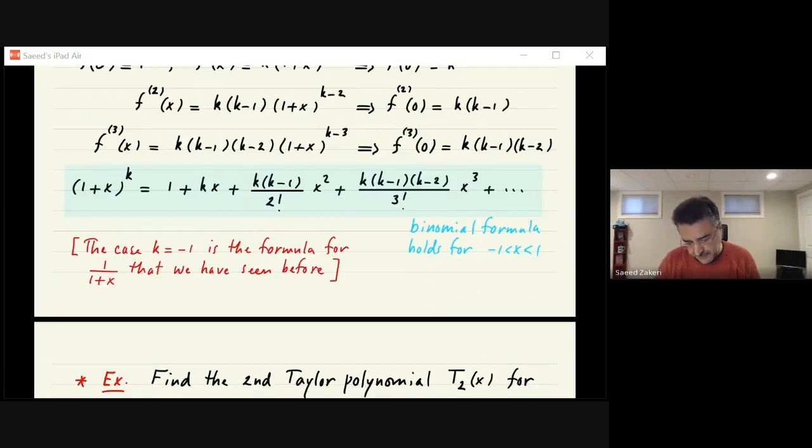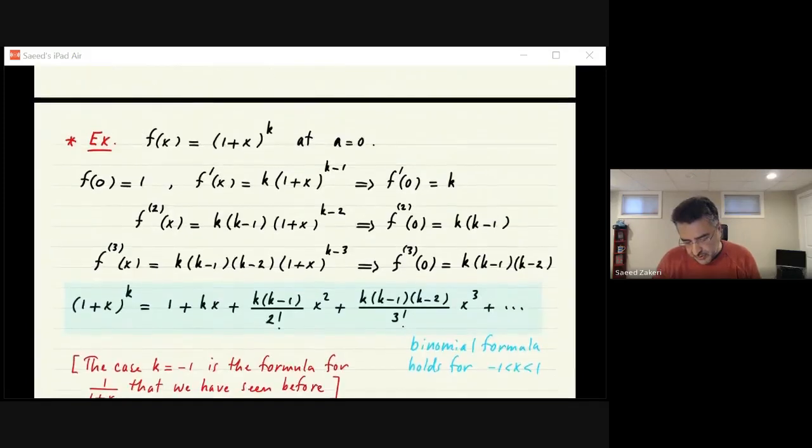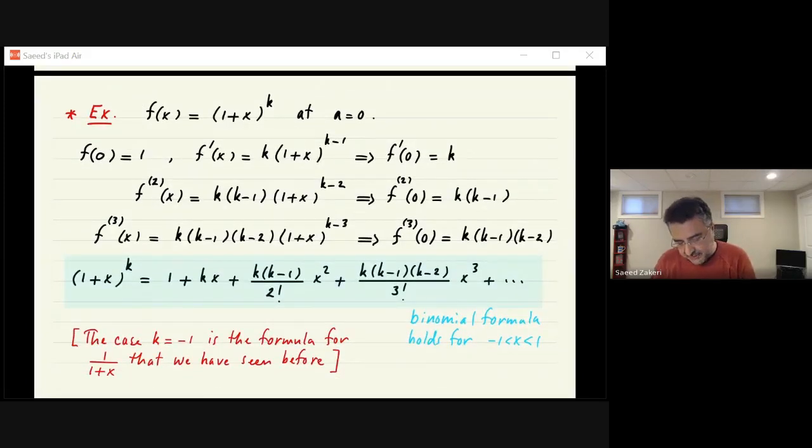Okay. So this is not really difficult to keep in mind or memorize because, again, this is something very useful: 1 plus x to the k.